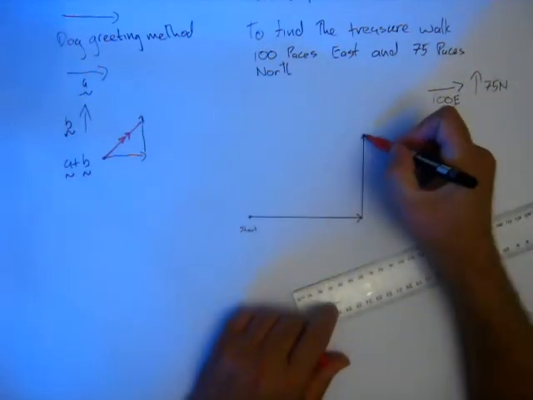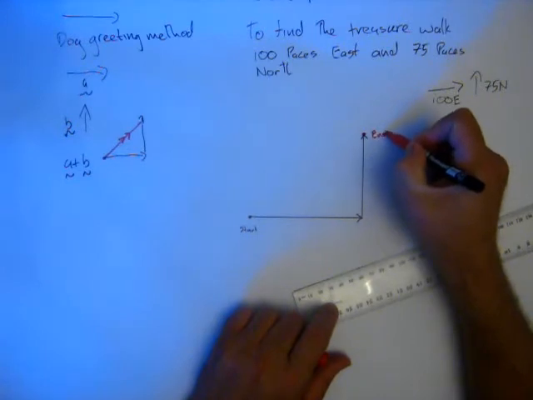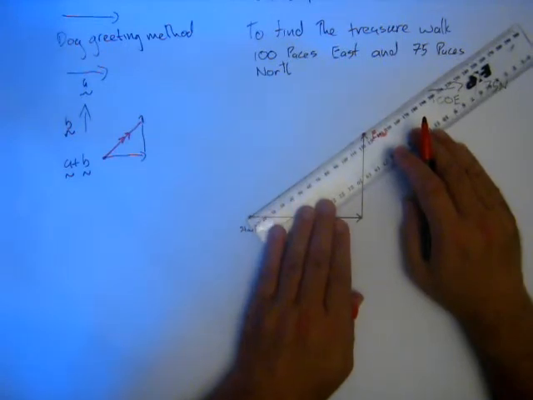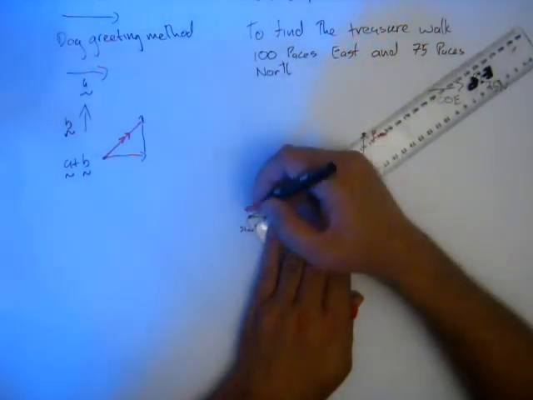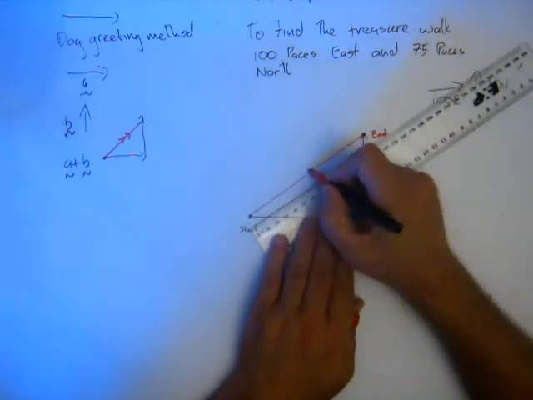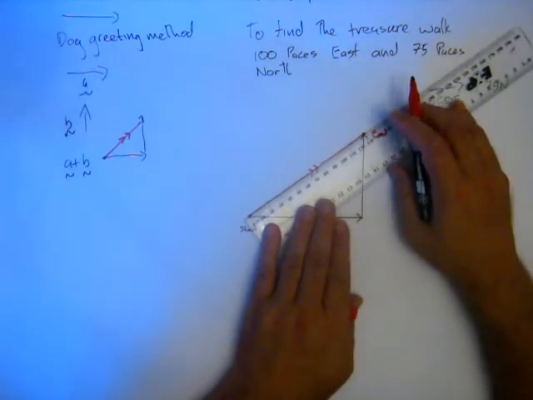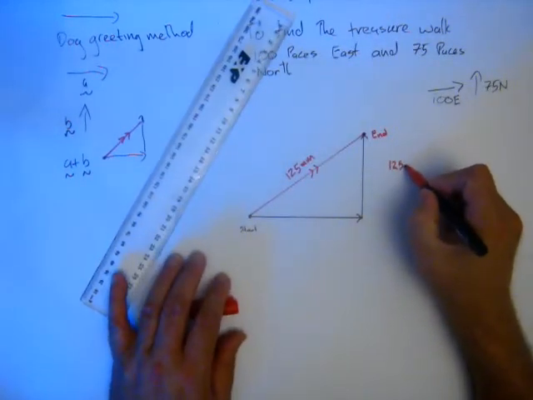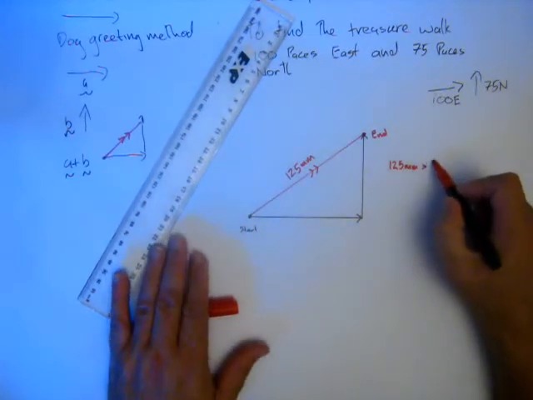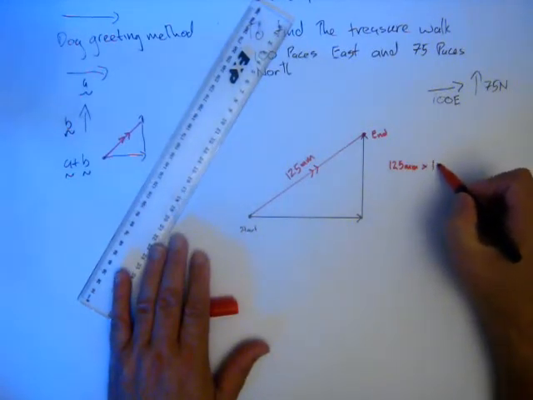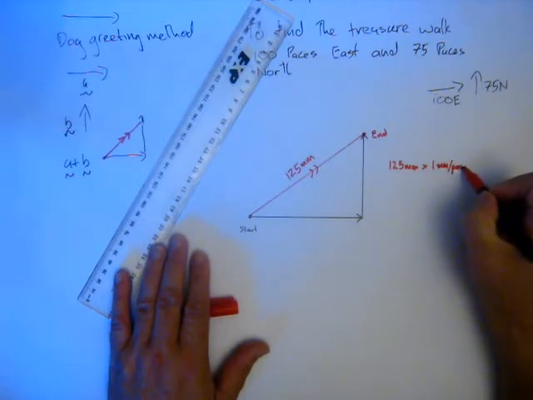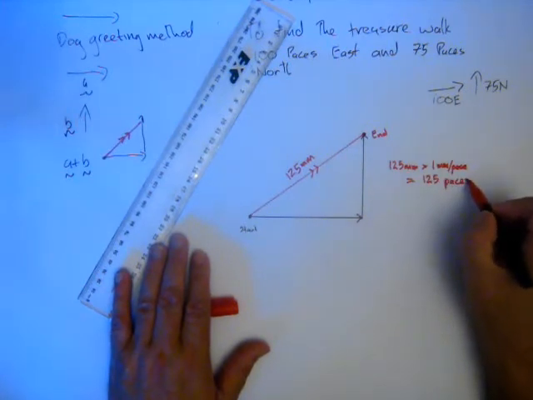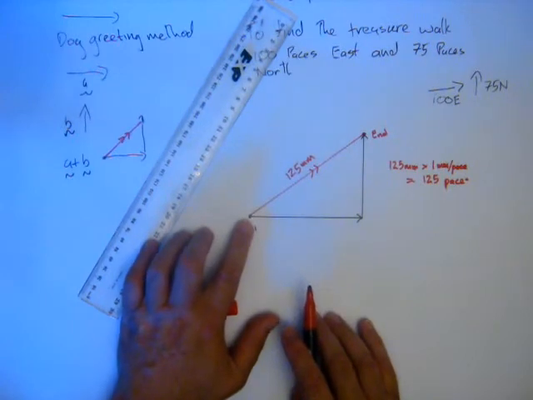This is where I start, and this is where I end up. Hopefully this is where the treasure is. I can draw this in and measure it, and that's 125 millimetres. Times 1 millimetre per pace equals 125 paces. I am 125 paces from where I started.